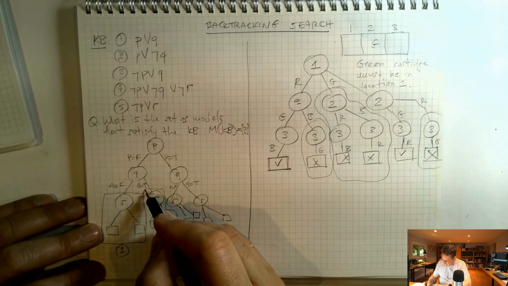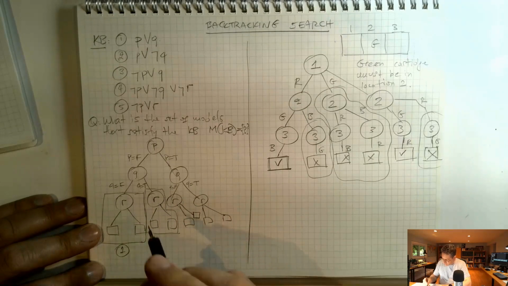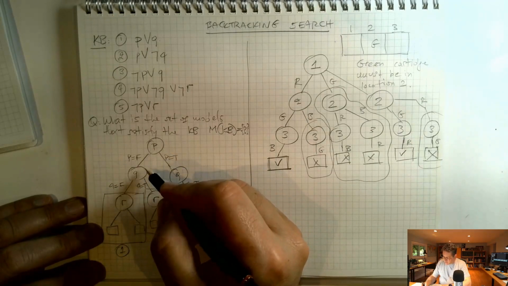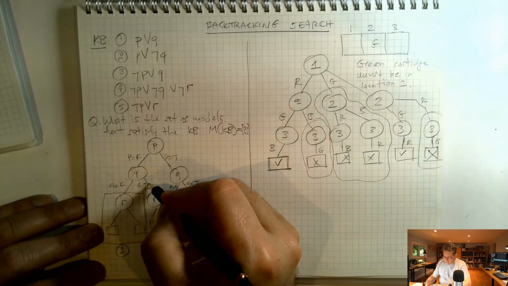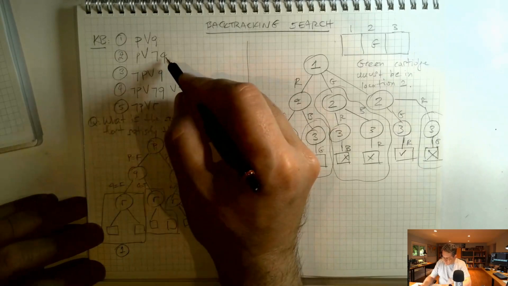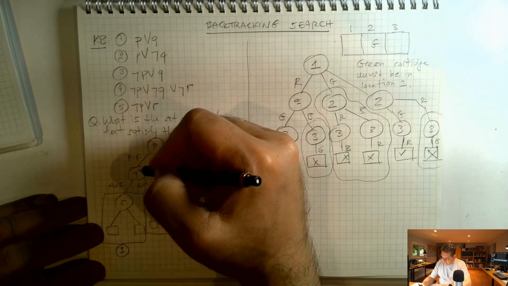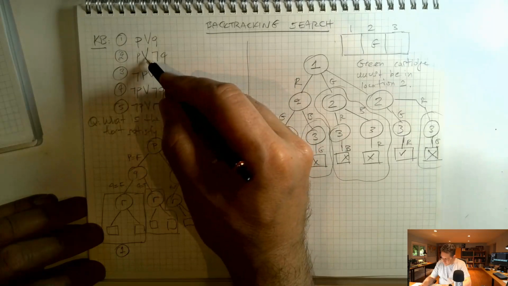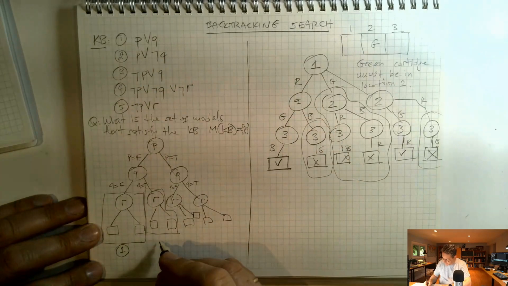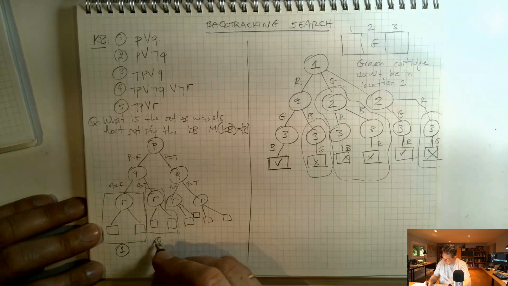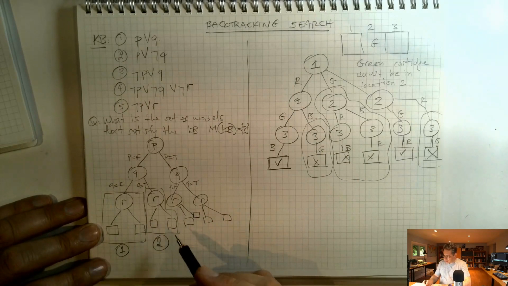This whole expansion is not going to be needed because the moment we reach this point, false and true, take a look at sentence 2. In sentence 2, we also have false because we have false or false. Therefore, this is also false, and therefore, if you recall, the knowledge base is not satisfied.